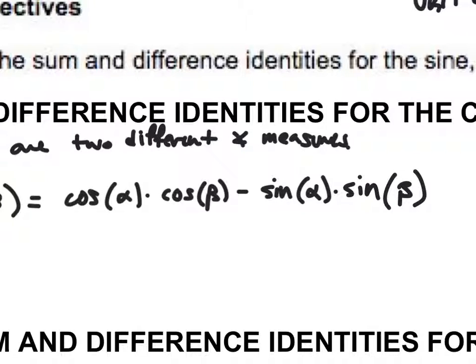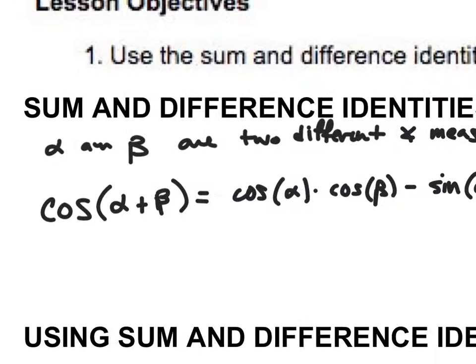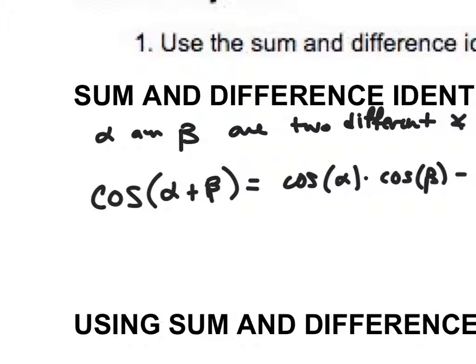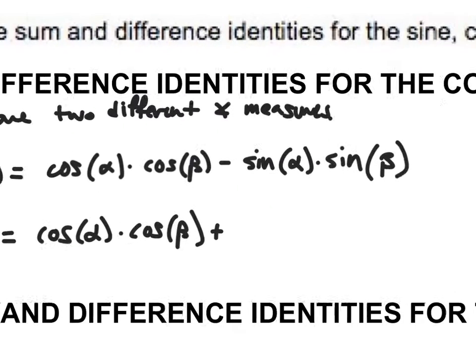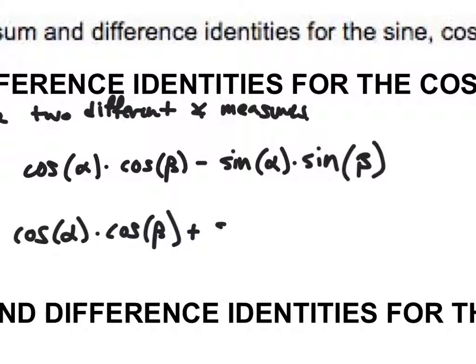All right, so that's the sum of cosine values. Now, if I have cosine of alpha minus beta, that's going to give me cosine of alpha times cosine of beta plus sine alpha times sine of beta, okay?